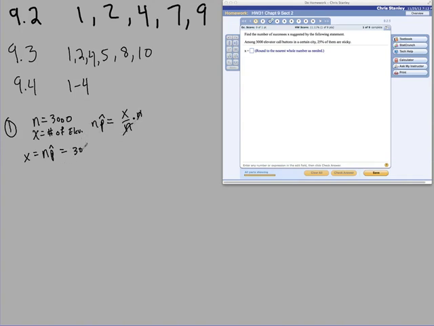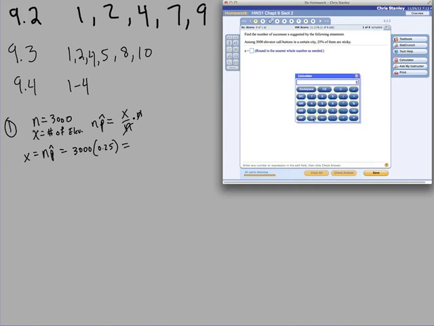That's going to be 3,000 times 0.25, which should give me 750, but I'll go ahead and do this on the calculator to back this up. Okay, 750. So whenever you find a percent of a number, you just multiply that number times whatever percent that is in decimal form.